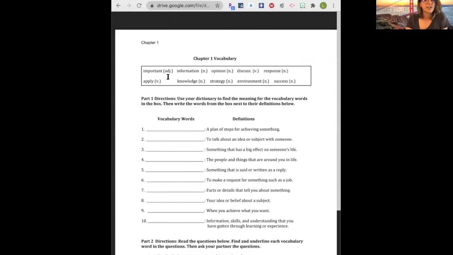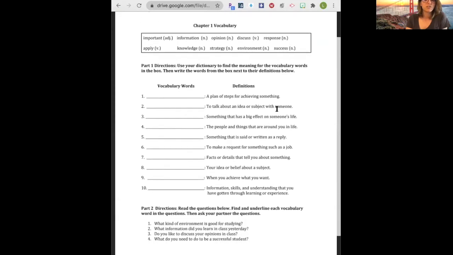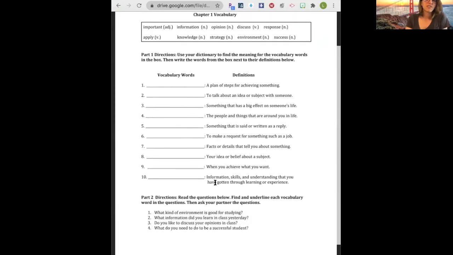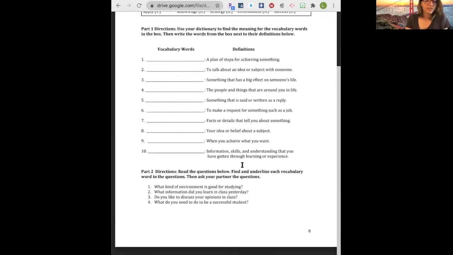ADJ stands for adjective, N is noun, V is verb, and that's all we have. So adjective, noun, verb. Then write the words from the box next to their definitions below. So here are the definitions. You have to figure out which word means a plan of steps for achieving something, to talk about an idea or subject with someone, and so on and so on.